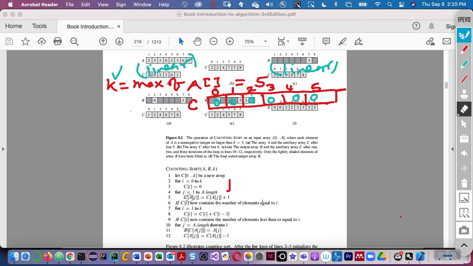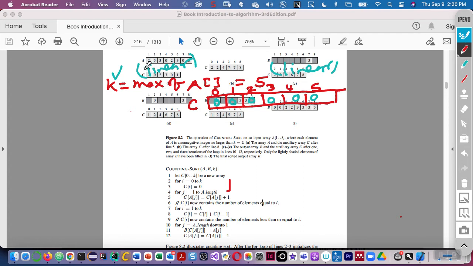For j equal to 1 to length, starting j from here, this array. C of A[j], what does this mean?